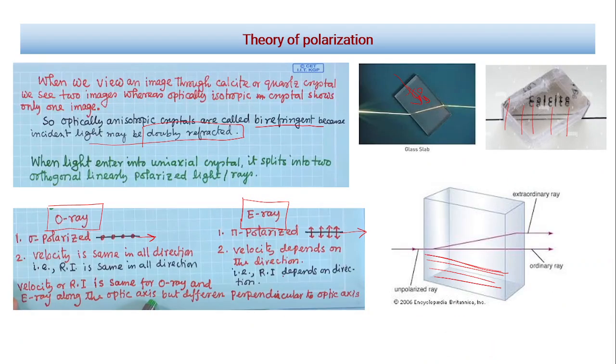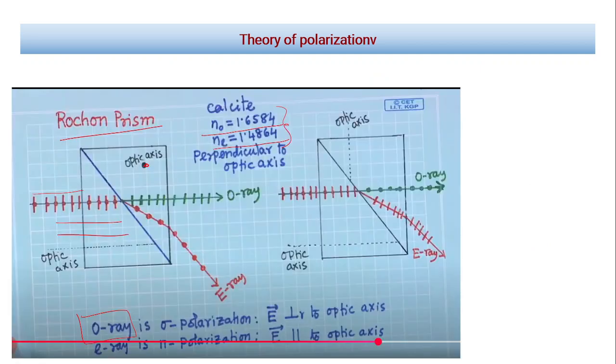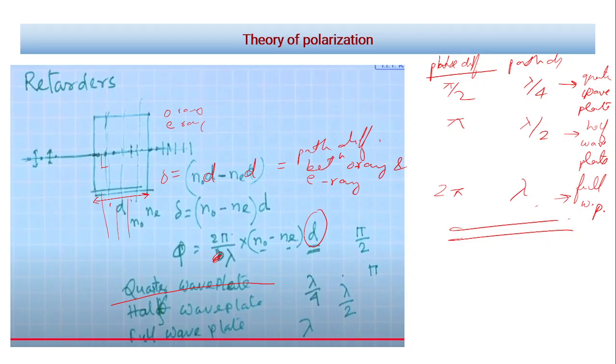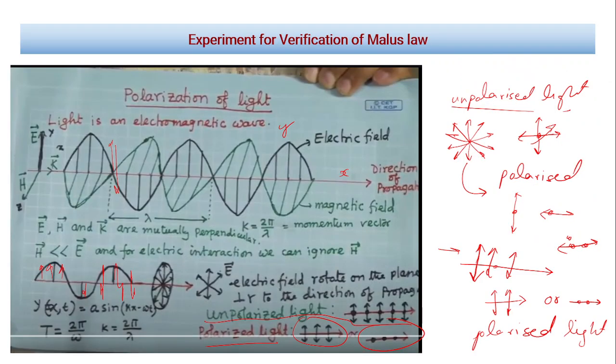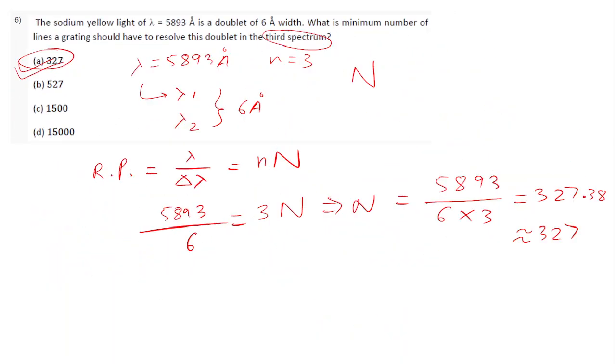We discussed how these systems can be used in devices such as retarders. Then we discussed Malus law, then Brewster's law, and we did questions based on these.